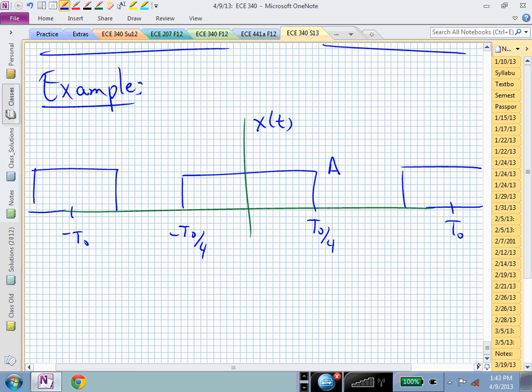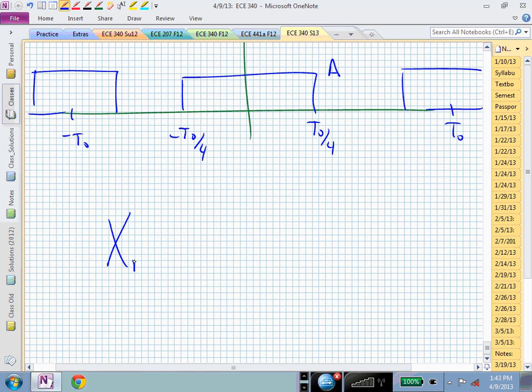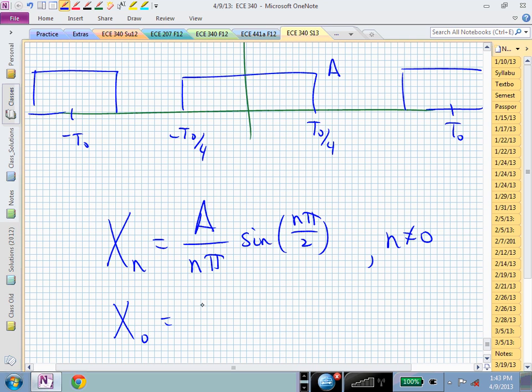If you go through the algebra, you will find that capital X sub n will be a over n pi sine of n pi over 2 for n not equal to 0. And x sub 0 is a over 2, which is what we had for little a sub 0.